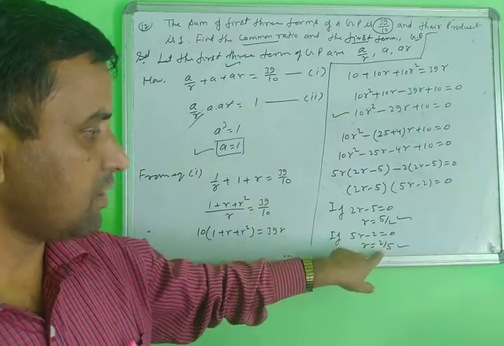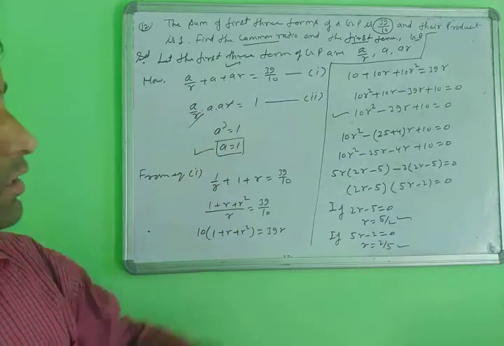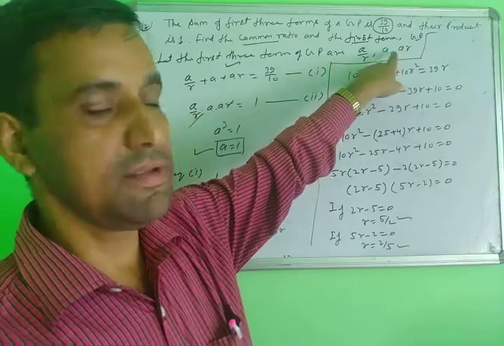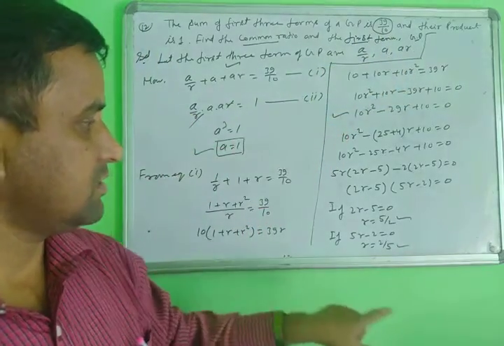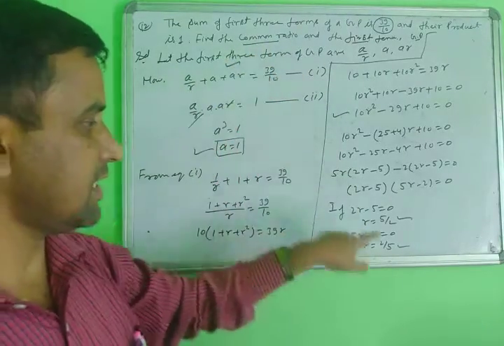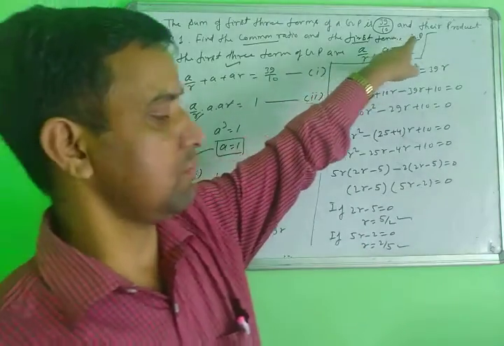You will put the values of a and r here, then you will get the terms. The second answer you have got is the common ratio. This is your first answer, second answer, and third answer. You find the terms of the GP.